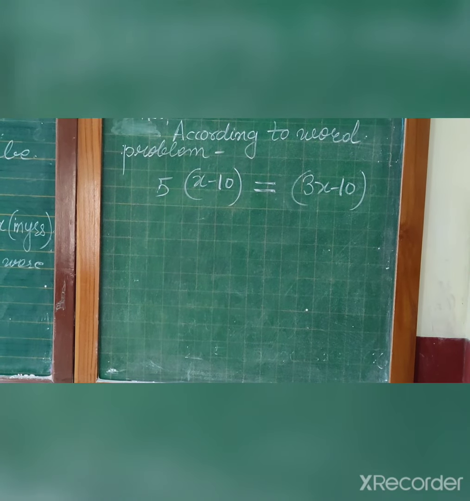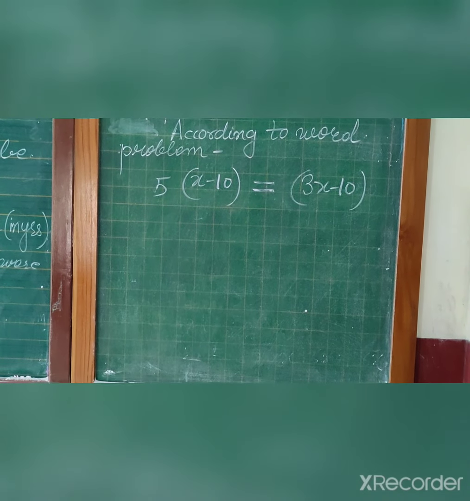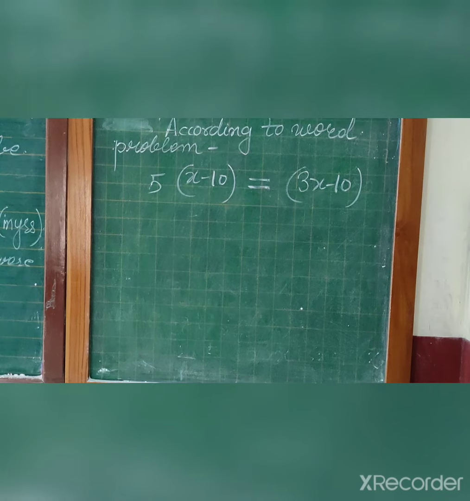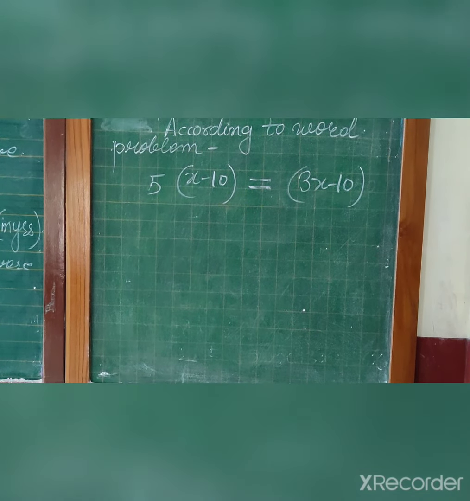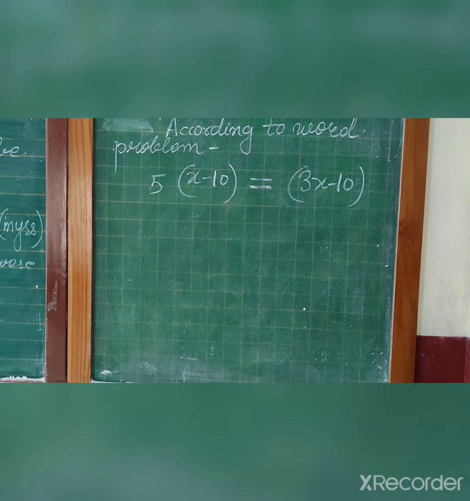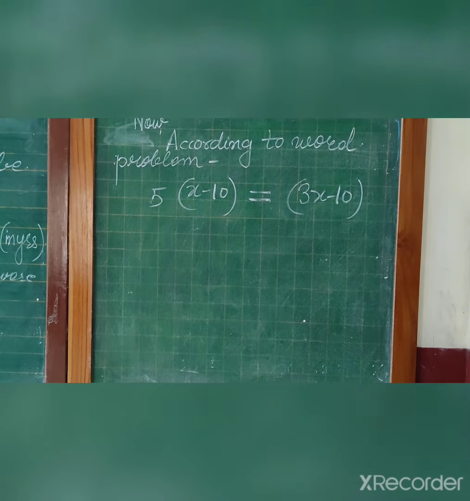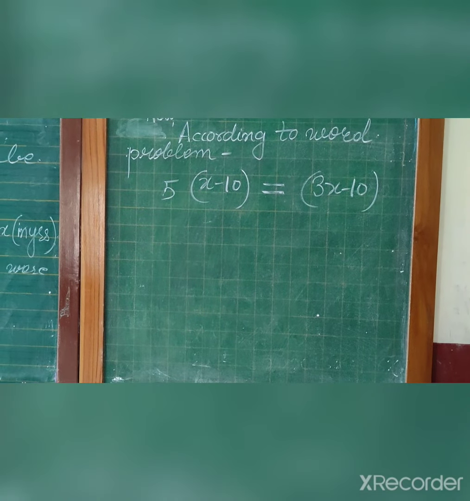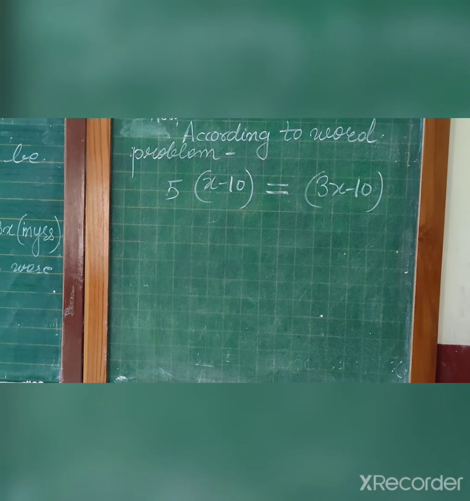So next step will be 5x minus 50 is equal to 3x minus 10. Then find the value of x and multiply it by 3. So x is the present age of son and multiplying by 3, whatever value you are getting, that will be father's age, that means Aman's present age. So here exercise 2.4 is finished. Complete your notebook.